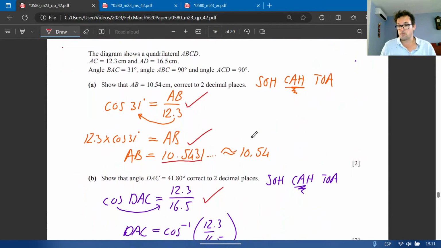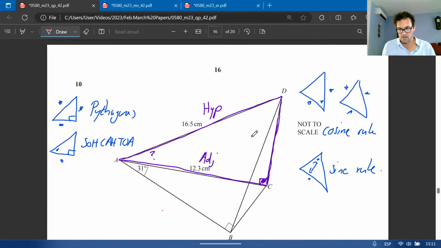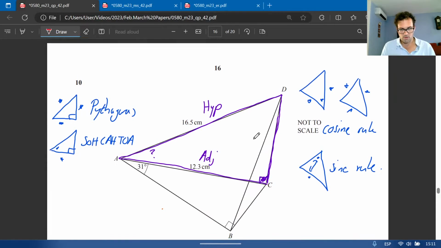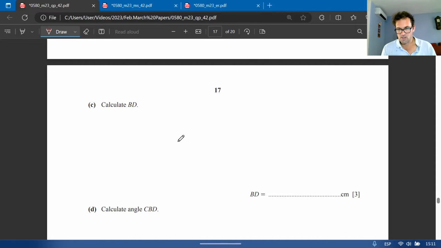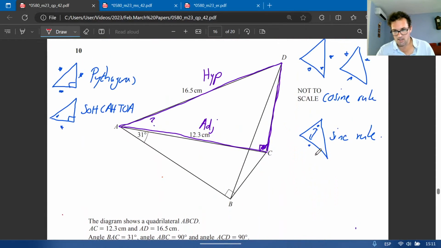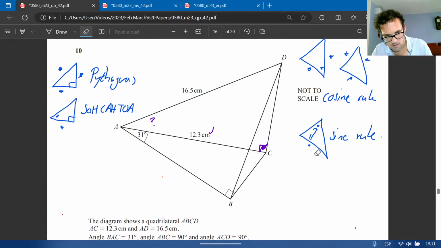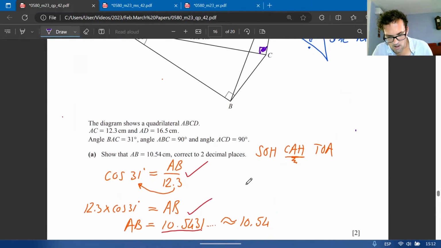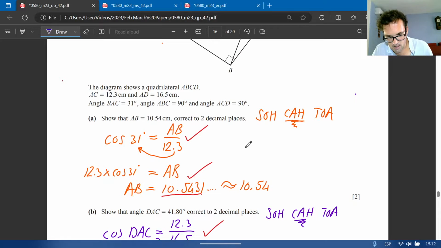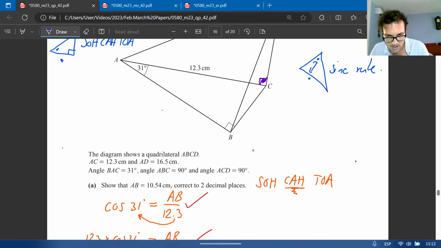So far, so good. You can guess what's coming next. Pythagoras, cosine rule, sine rule needs to come up. Question C, calculate BD. Let's clear the clutter. Let's just write in the information that they gave us. We have AB is 10.54. We might need it later, especially if they give you the answer.